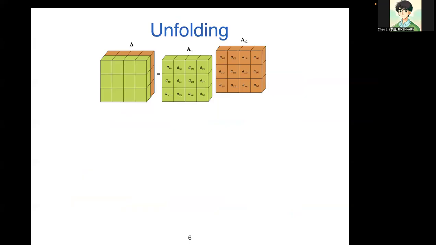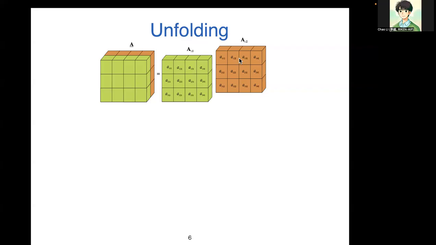Now, let's look at a concrete example to understand a simple but important tensor operation called unfolding. First, let's recall what we've learned so far. Here we have a tensor A of order 3. That means it's an array of numbers with 3 directions, or modes. At the top, you can see A has 2 frontal slices, one in green and one in orange.